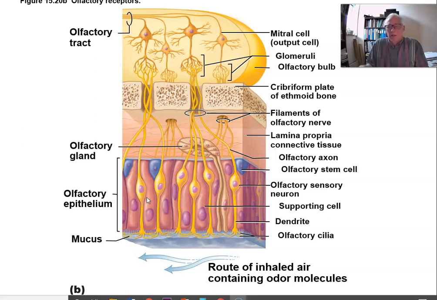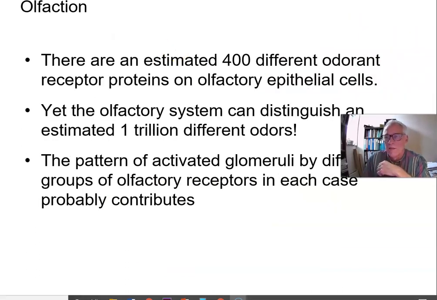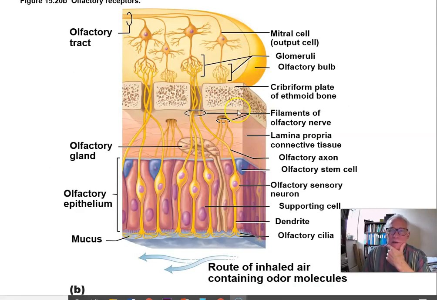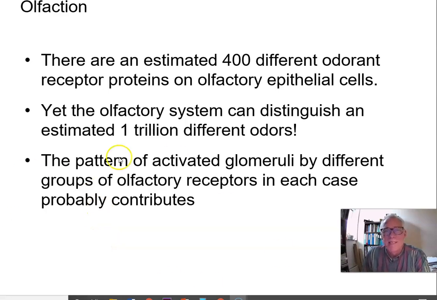There's a really interesting fact that comes from that arrangement in the olfactory epithelium, the glomeruli and mitral cells. There are an estimated 400 different protein receptors in these sensory cells that can therefore bind to 400 different odorant chemicals in the air, yet you can detect an estimated 1 trillion different odors.